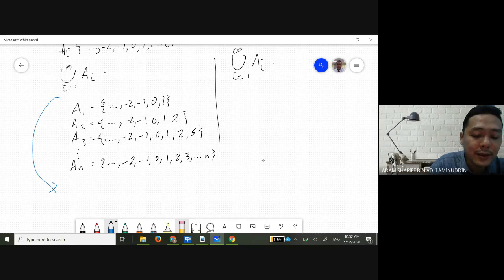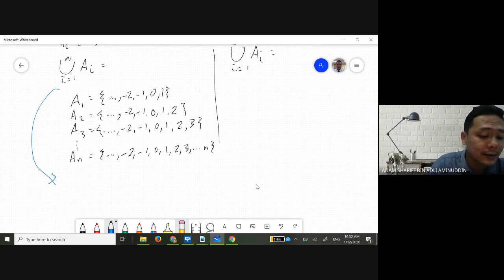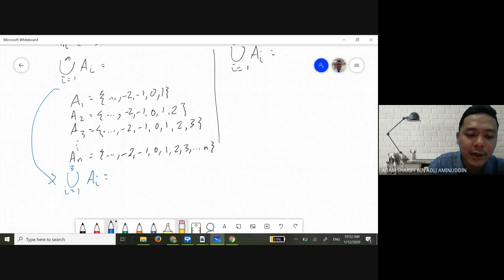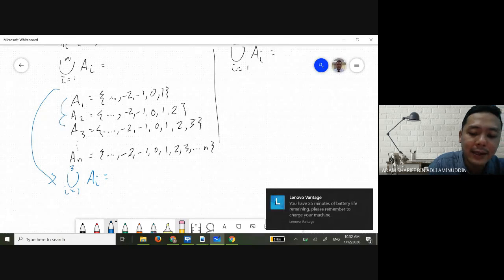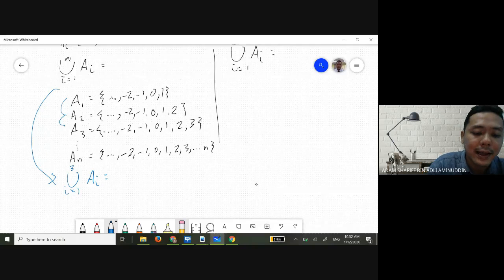So, back to the union part. Kalau tak dapat nak until n directly, it's no harm for you to do up until 3 first. You can observe that if you try to union this one, A2 and A3, then the answer will be like this.